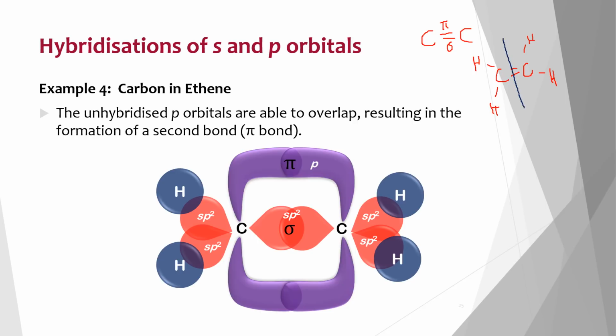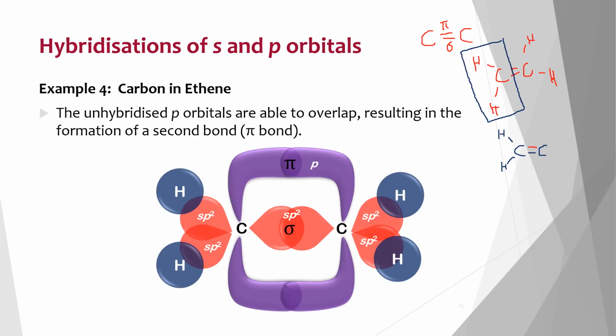So focus on this side only because it has the same side atoms and the same number of bonds. So this carbon needs to form a single bond with two hydrogens, and one single bond with another carbon and a pi bond with carbon 2.